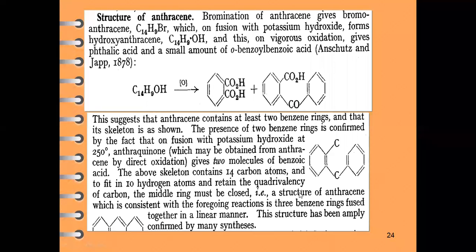We have concluded that anthracene contains 14 carbon atoms, 10 hydrogen atoms, and the middle ring is fused. But in which manner are the three benzene rings fused? In a linear manner. Keep in mind this word: anthracene contains linear fusion of three benzene rings.